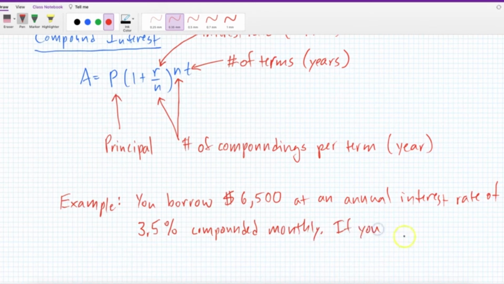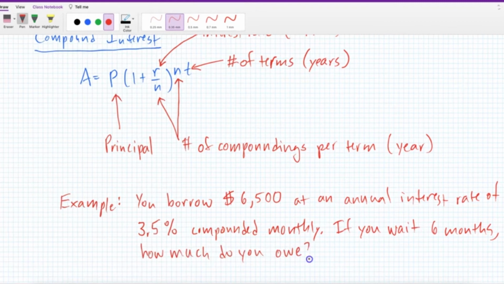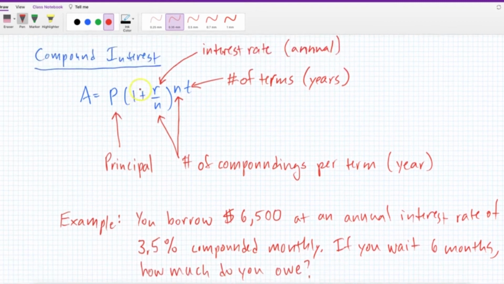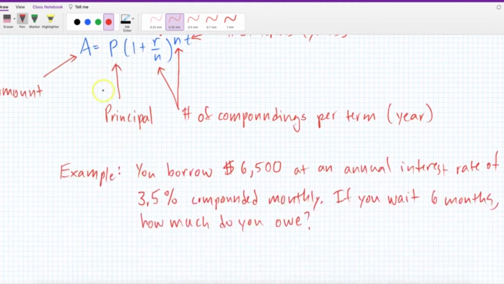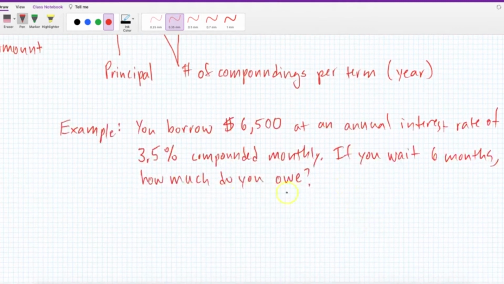If you don't pay any of it off and just wait, let's say 6 months, half a year, how much do you owe? Okay. One thing I didn't already mention up here is this A stands for the word amount. And that amount is essentially the future value of your loan or investment, depending on what you're talking about. So in this case, A is exactly the answer to our question, how much do you owe?